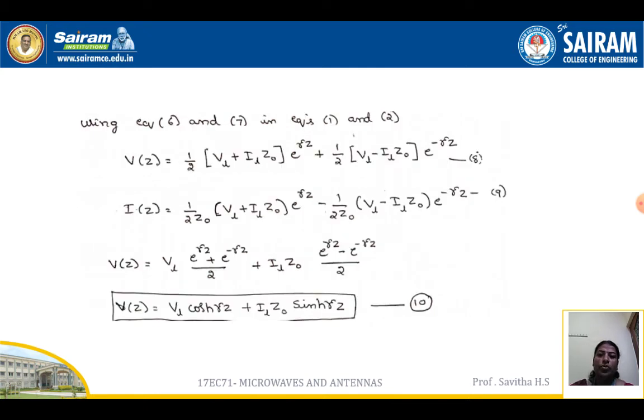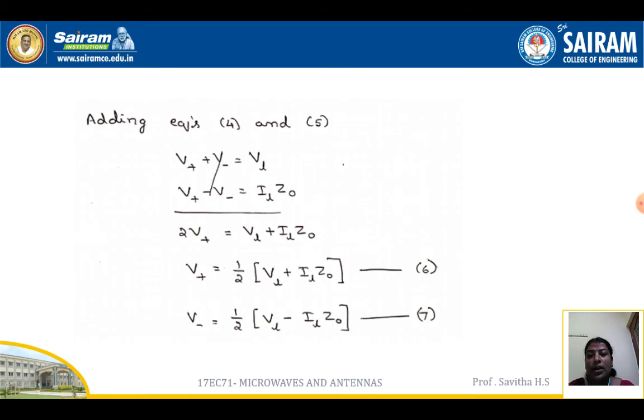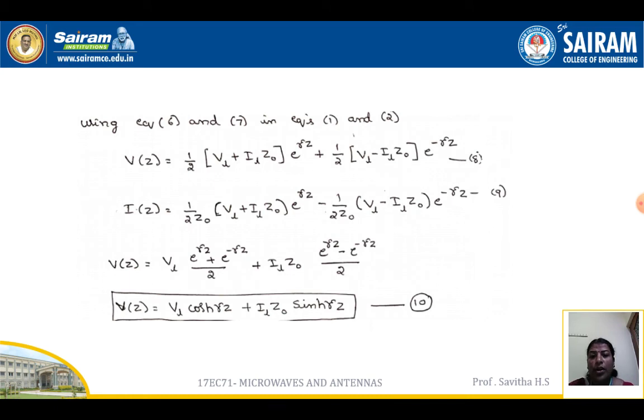So for V(z), we substitute using equations 6 and 7. Whatever answers we get in 6 and 7, we substitute in equations 1 and 2. V(z) is equal to 1 by 2 (VL + IL Z0) e^(γz) + 1 by 2 (VL - IL Z0) e^(-γz).